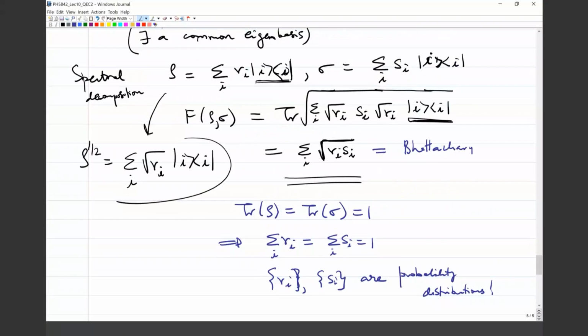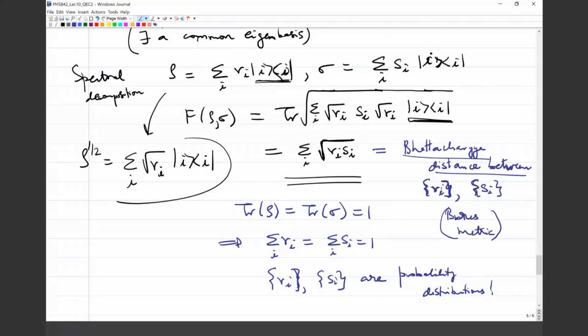This is called the Bhattacharya distance between two probability distributions, the Ri distribution and the Si distribution, right? This is also sometimes called the Bhattacharya metric. Different forms of the same thing.